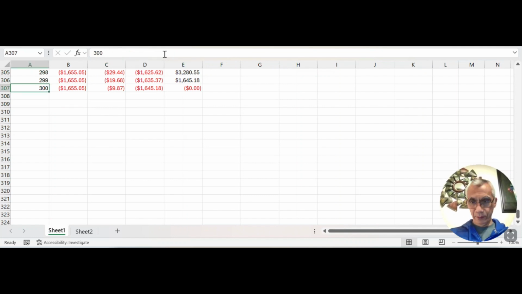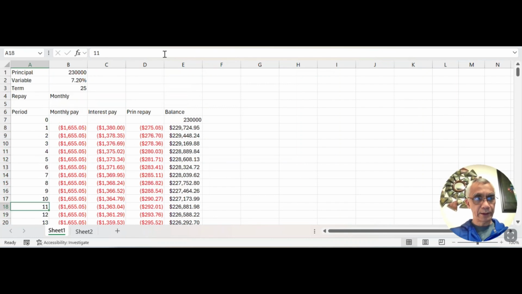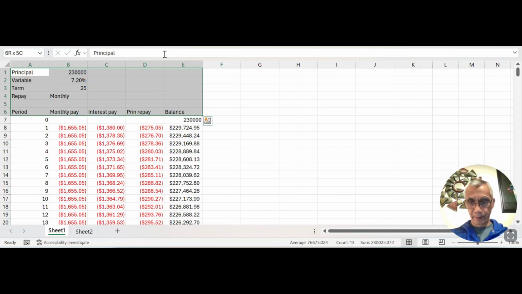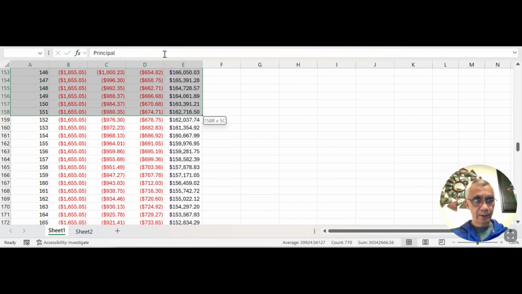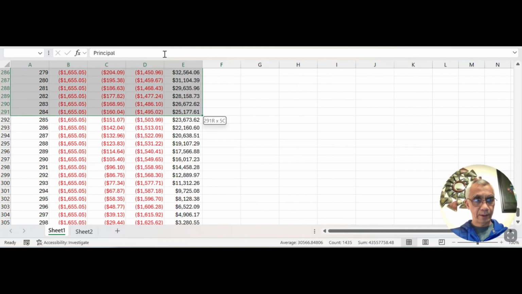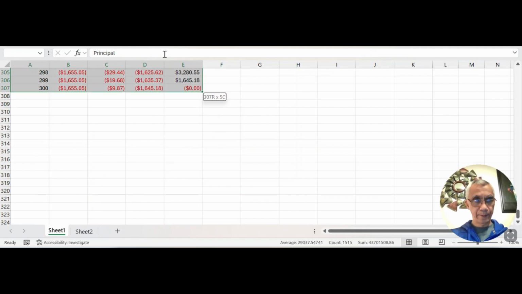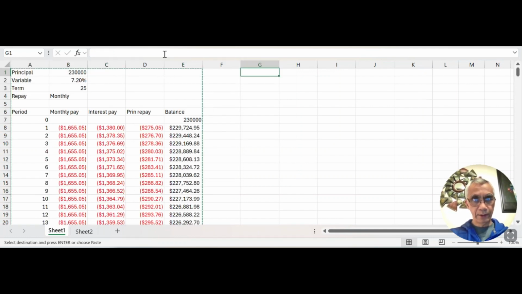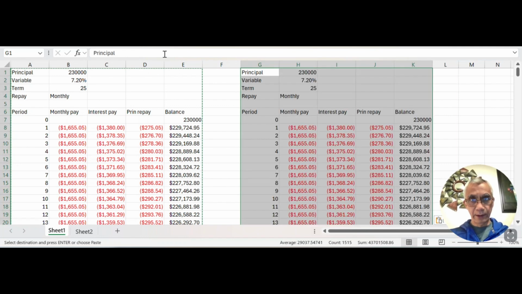Okay, now we are going to copy all this on the other side here. Control C to copy, the right arrow going there. Let's paste it here.